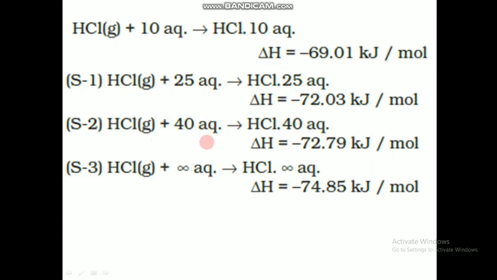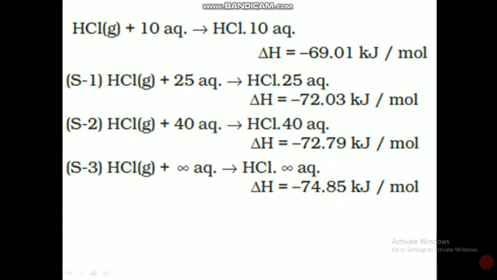In all the cases we are changing the amount of solvent we add, and we get different values of enthalpy change. So we can say that the amount of solvent we take determines the enthalpy change. And in the last case we have taken an infinite amount of aqueous solution, or infinite amount of solvent. In that we get a limiting value which is very negative.